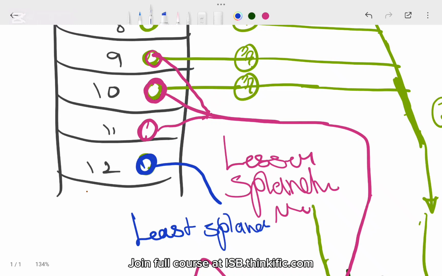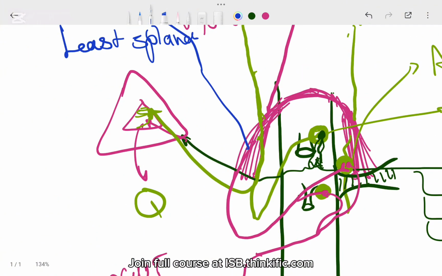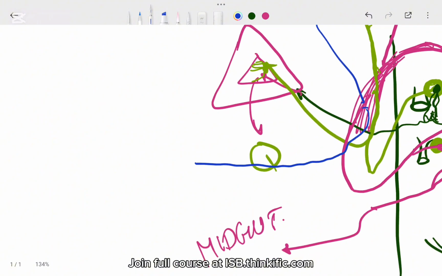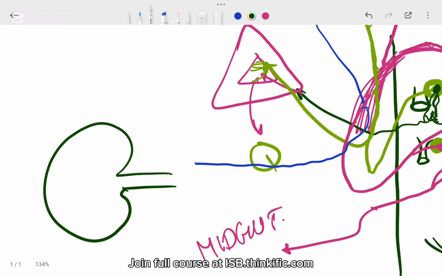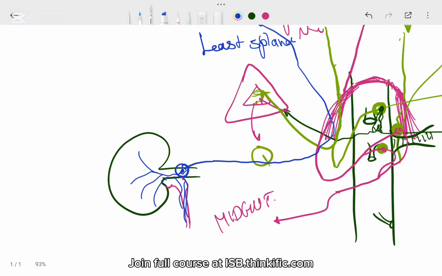The least splanchnic enters the abdomen with the lesser and the greater splanchnic nerves, and it simply moves to the plexus around the kidney, that's the renal artery, and this is the ureter, right? It synapses at a ganglion in the renal plexus and supplies the kidney and the ureter. Okay? This is called the least splanchnic.